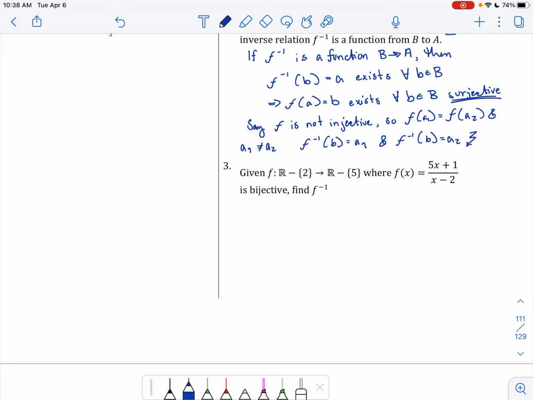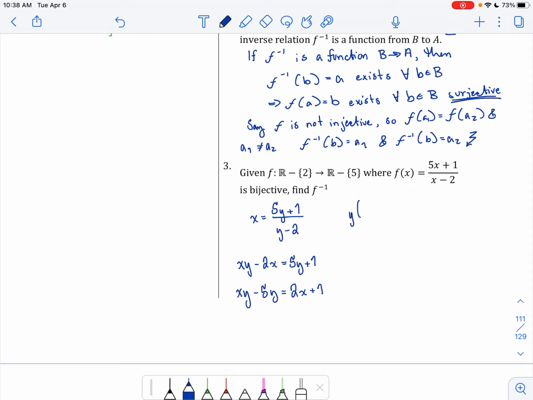This will be the same as what you've always done for finding inverses, which is just switching x and y and solving for y. So in this case, we'll say x is equal to (5y plus 1) over (y minus 2). I would multiply y minus 2 over and distribute. So xy minus 2x is equal to 5y plus 1. We want to get our y terms on the same side, so I would subtract away 5y and add 2x. So xy minus 5y is equal to 2x plus 1.